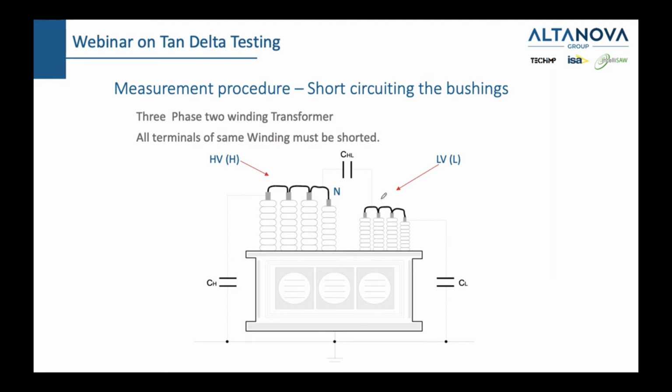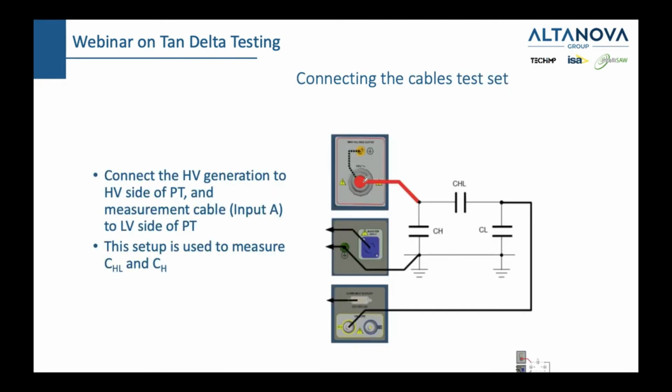After you have short-circuited, you need to connect the cables. Our first step in this case will be to generate on the high voltage side and measure from the low voltage side. Just to remind you, this is the equivalent scheme of a 2-winding transformer because we have short-circuited all phases.